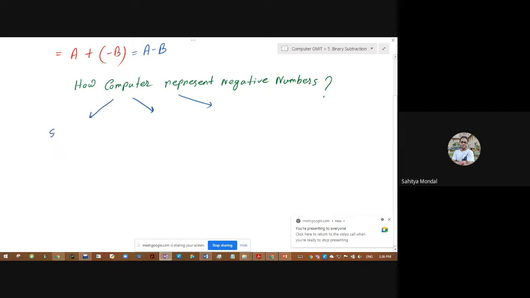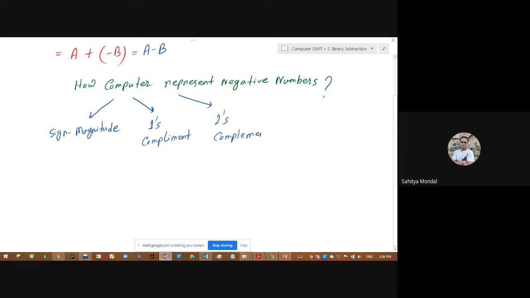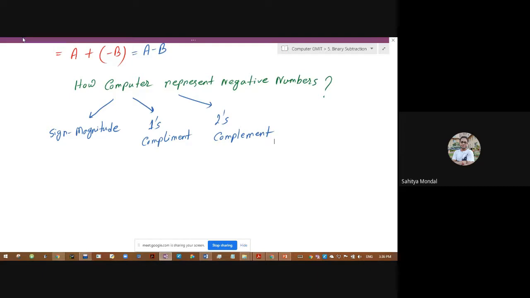One is sign magnitude. Next is ones complement, just take it as the name, one's complement, and the last one is two's complement.